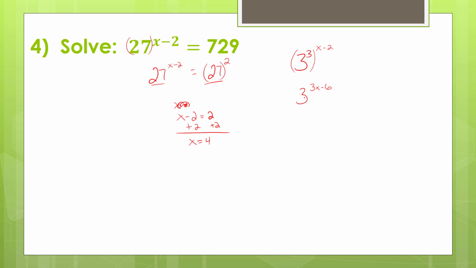And since I have a base of 3 over here, you should be able to take our 729 and divide it by 3. And 729 divided by 3 is equal to 243, to which we can again divide by 3, which is equal to 81, to which we can again divide by 3.